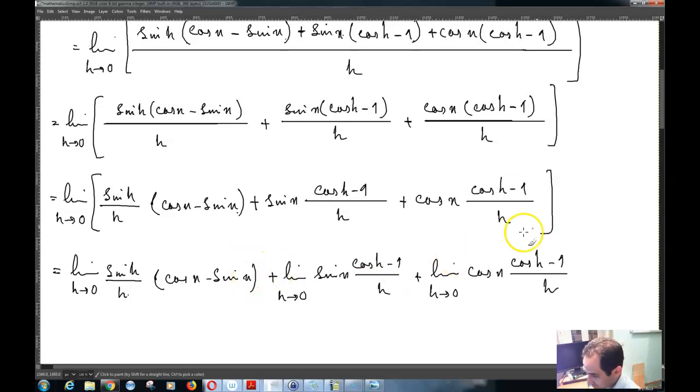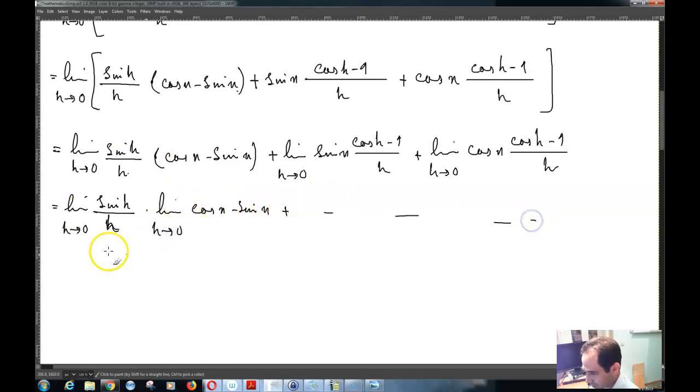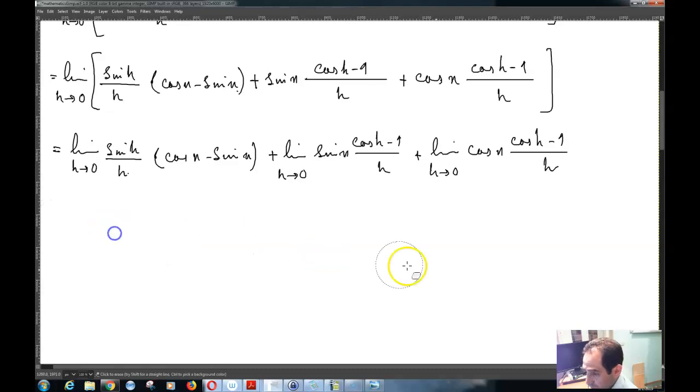So then, of course, you know that you can write this part as the limit of, for example, sine h over h as h tends to 0 times the limit of cos x minus sine x as h tends to 0, plus so on and so forth, in the same way. Now, the only important thing is to simplify this.